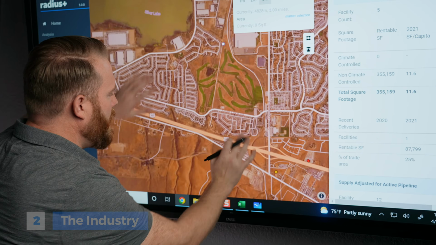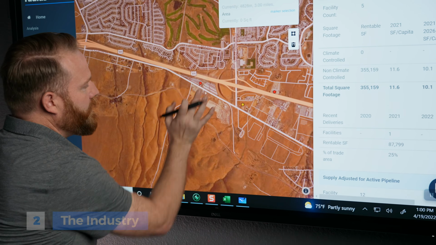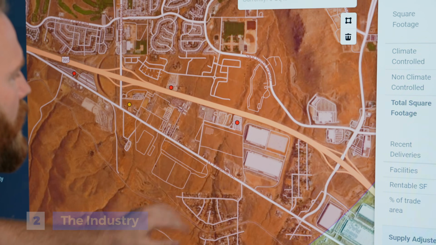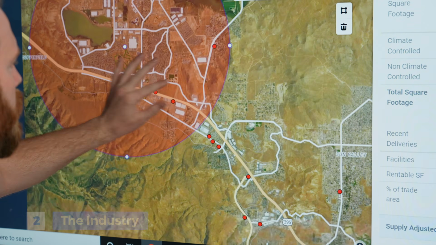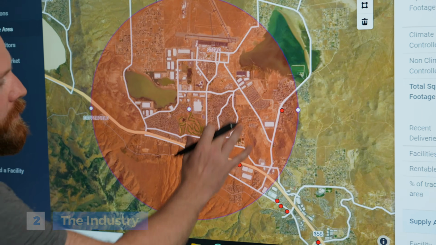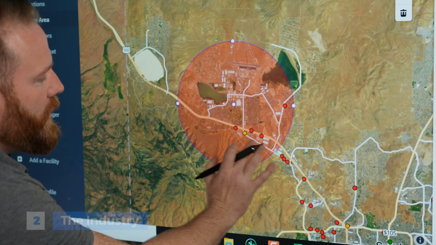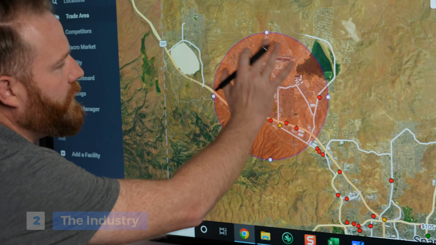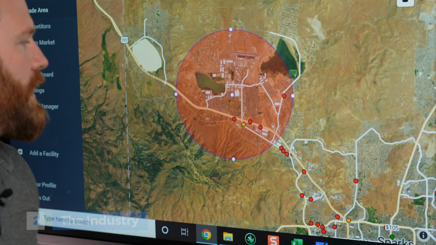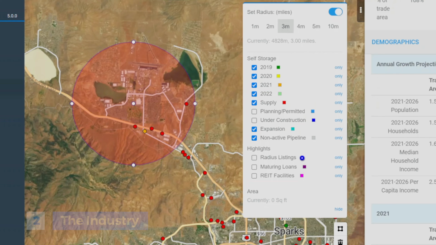We want to zoom in and look at these individual players or self-storage facilities, okay? What we're looking for is how long they've been there. We're looking at size, but also placement, right? You can see where storage facilities are placed. Maybe we want to look at growth, see where there's not storage facilities. We want to really take a look at the location of these facilities.